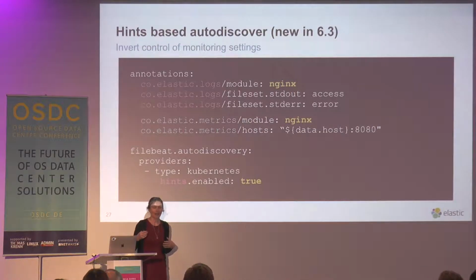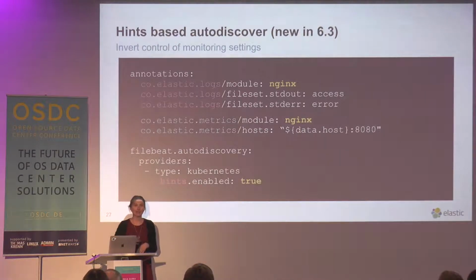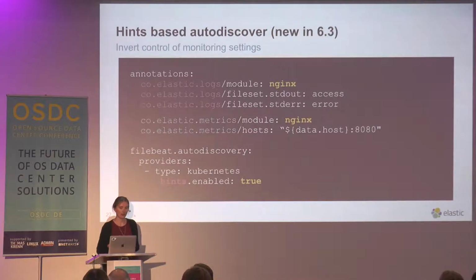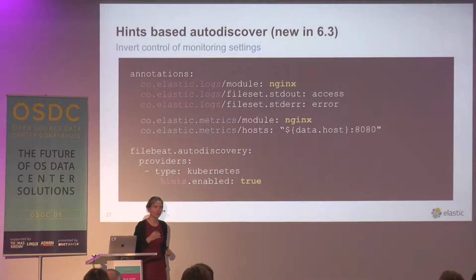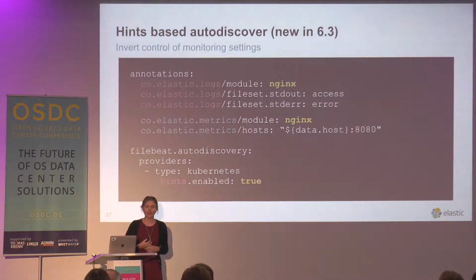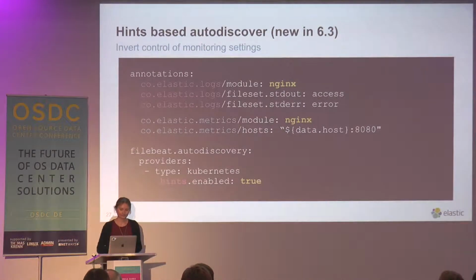And when it finds it, then it enables the nginx module in Filebeat in order to fetch, in this case, access and error logs. Similarly with metrics, it searches for co.elastic.metrics, and every time it finds it, then it enables the nginx module in Metricbeat.